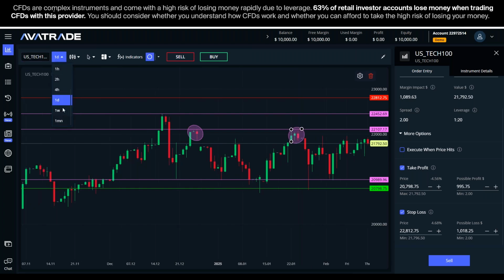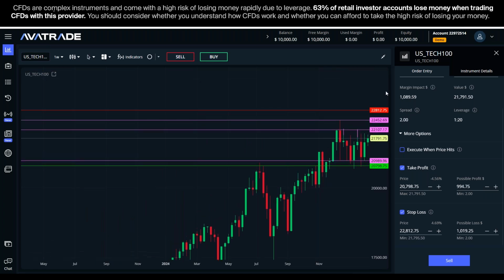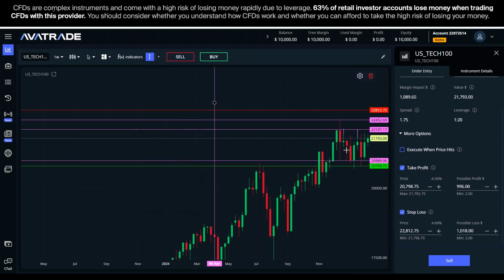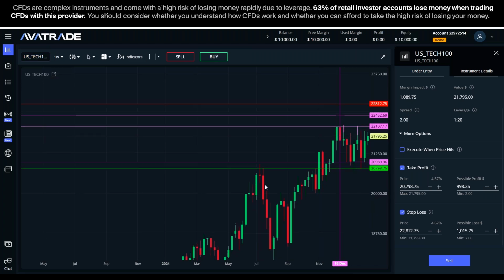If I change to weekly charts, it looks a bit nicer. We can see that potentially if it keeps going, it's not going to be linear, of course. We can see that Nasdaq was ranging around those levels, and the only time that it passed and created a new resistance was around 2 months ago.